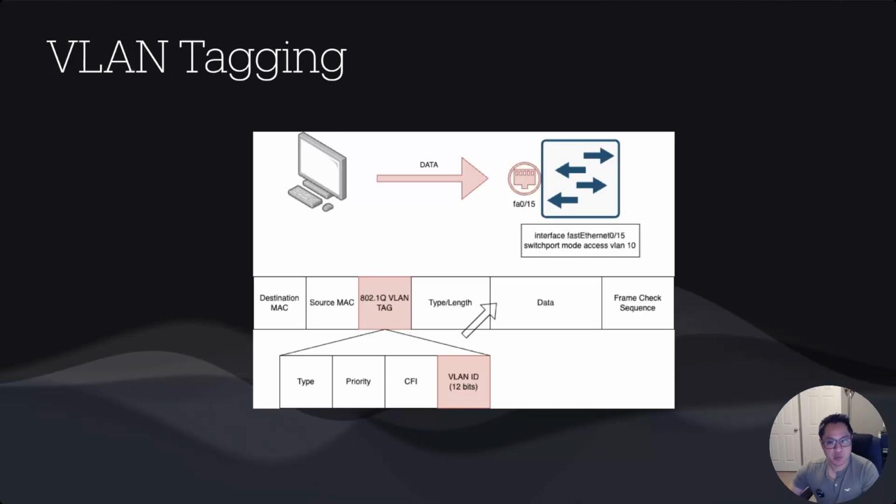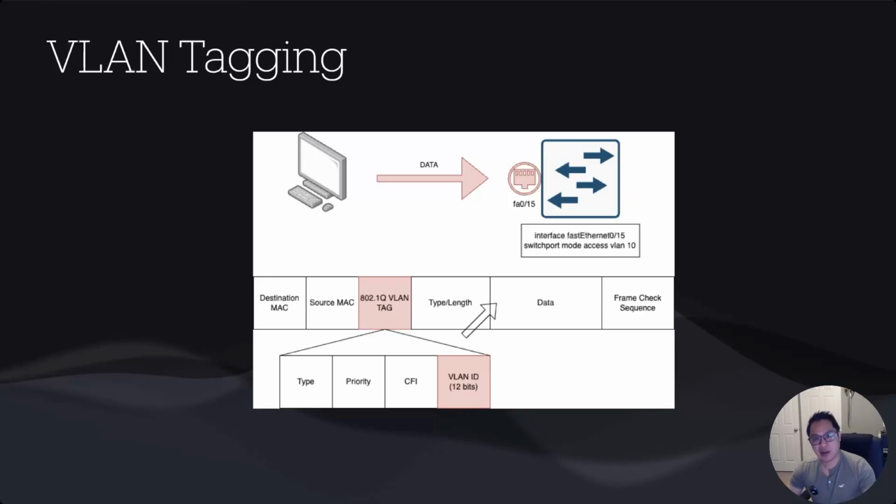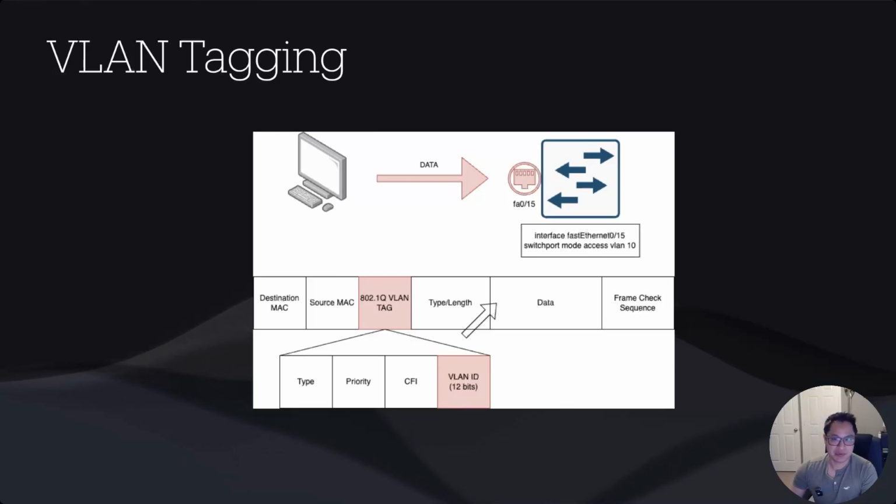So if this were a frame down at the bottom, with destination MAC, source MAC, and 802.1Q, which is the IEEE protocol, as traffic is received on the interface, it's just going to add that tag in there. It's going to tag it with VLAN 10 and forward it on. So as a switch switches frames and traffic, it's going to make sure that devices on different VLANs cannot see each other's traffic.